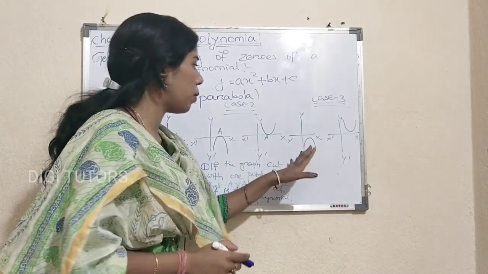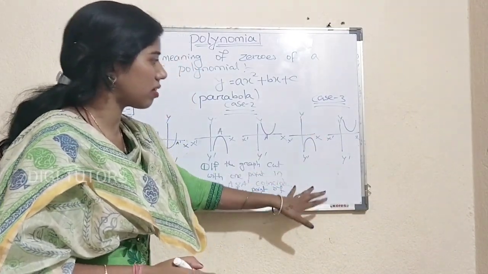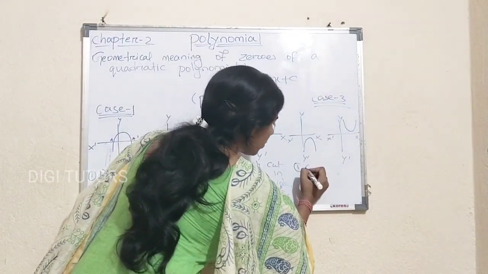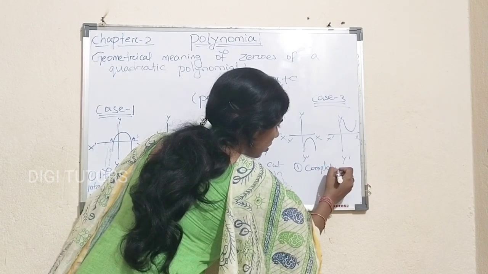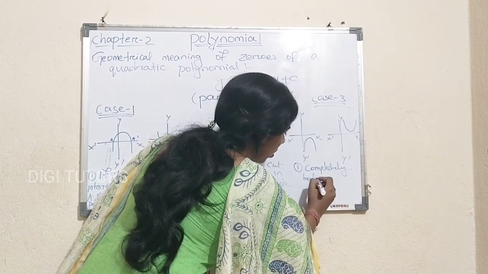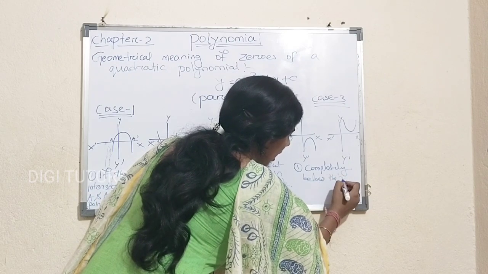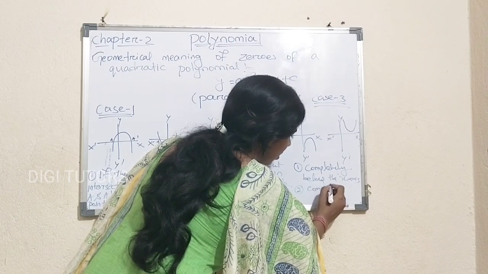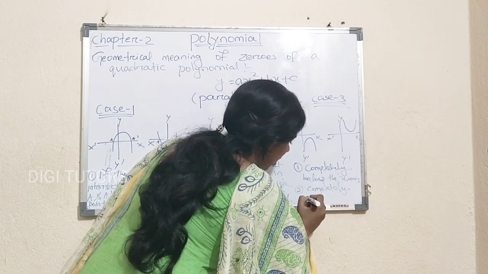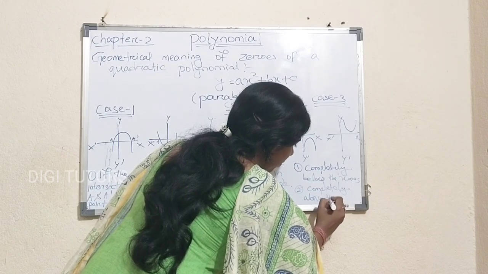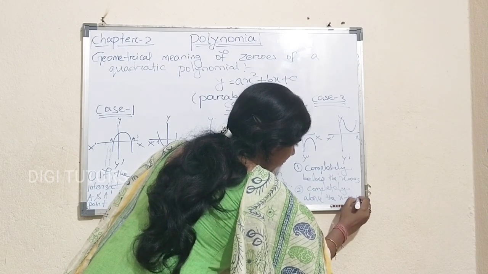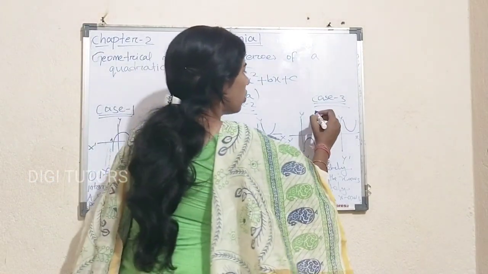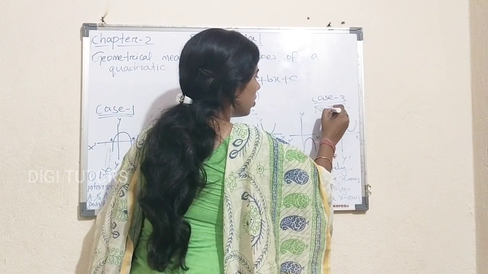Here the parabola is completely below the x-axis or completely above the x-axis. In that case there are no zeros.